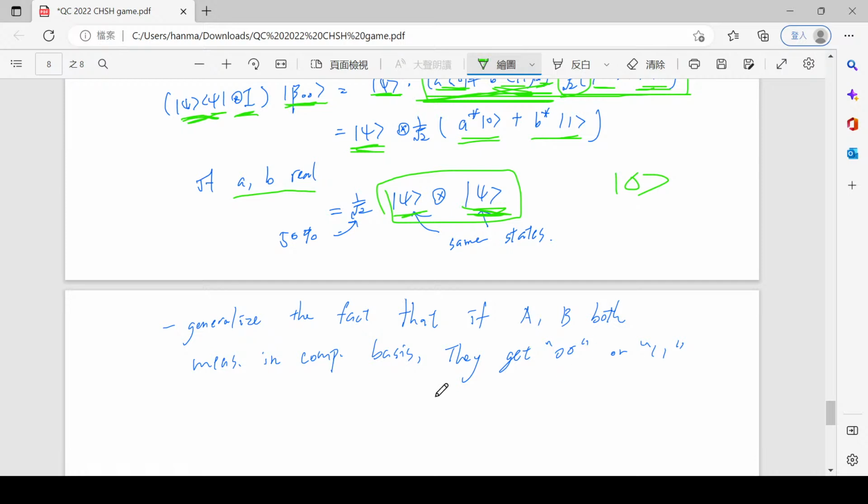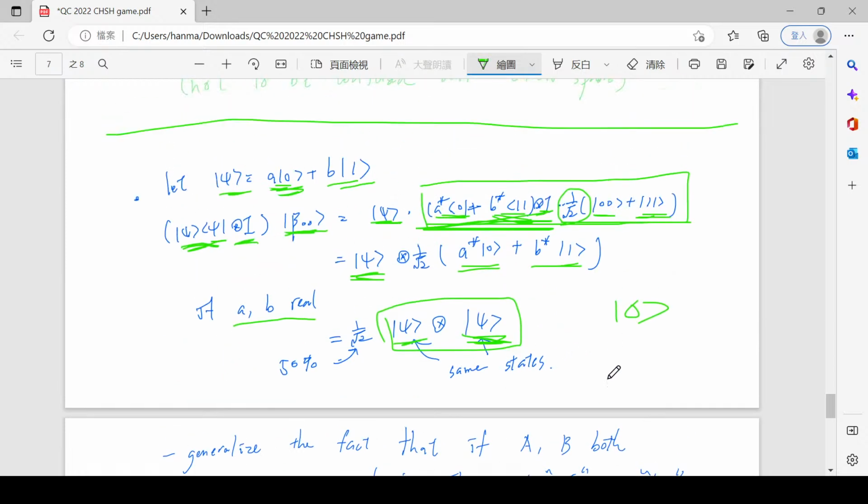And so this generalizes the fact that Alice and Bob both measure in Z basis, they get 0, 0, and 1, 1. And also, for example, if Alice measures in a plus minus basis, they are also real, and then Bob will also get plus minus. Okay. And you can even check that plus tensor plus and minus tensor minus is the same as this beta 0, 0.